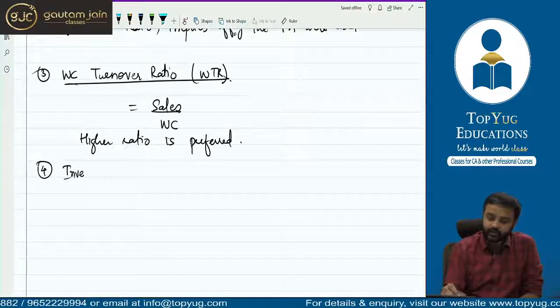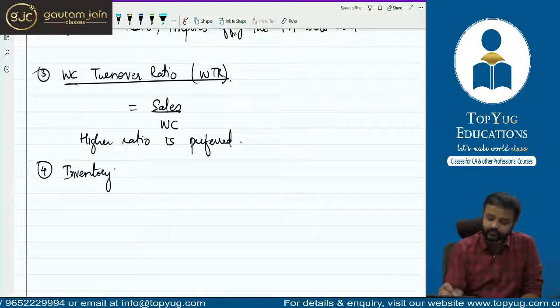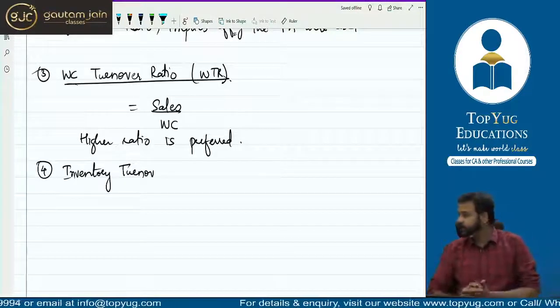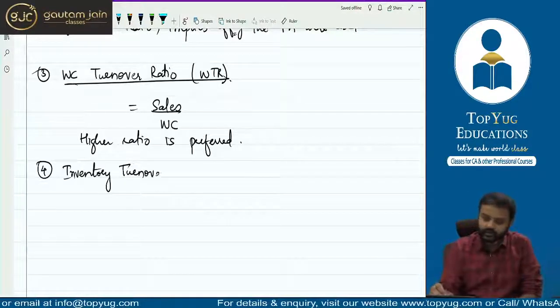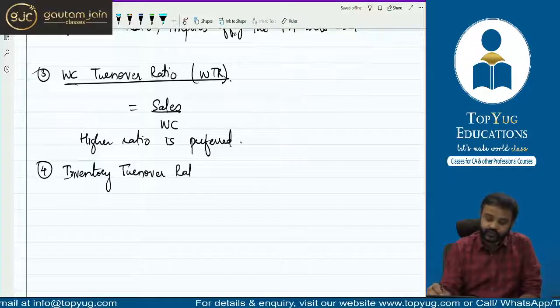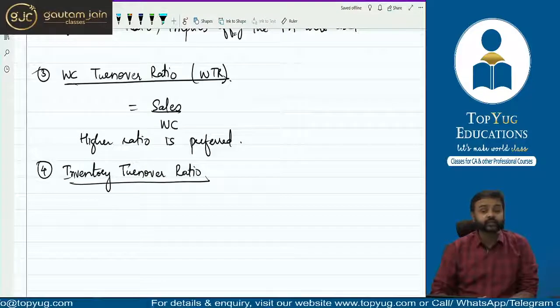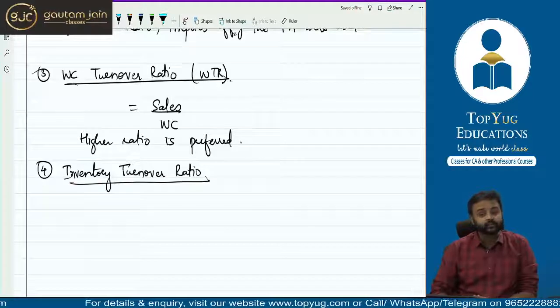Inventory turnover ratio. Now you will say, sir, inventory is of finished goods, inventory is that of even raw material, inventory is that of even WIP. So which one are we talking about?